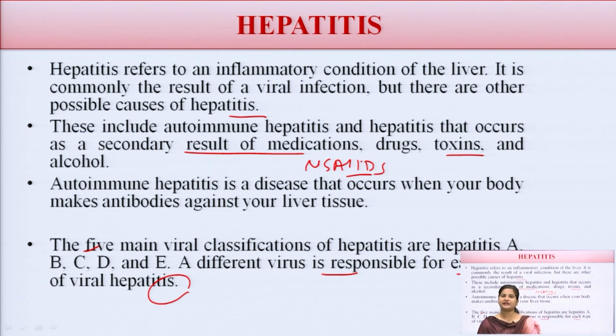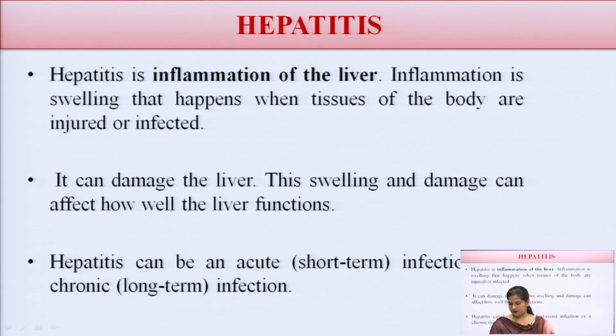Every different type of viral hepatitis is caused by a different type of virus. So, hepatitis is the inflammation of the liver, and this inflammation is the swelling that happens when the tissues of the body are injured or infected, and it can damage the liver.